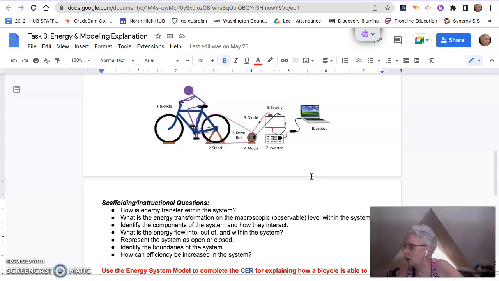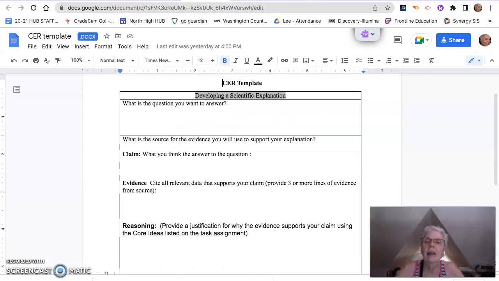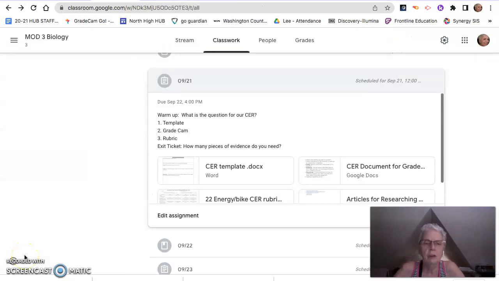The CER goes from the 21st over to the 22nd. On the 22nd, you should finish your CER both in the template and on GradeCam. So on the 21st, your ending or exit question is how many pieces of evidence do you need?